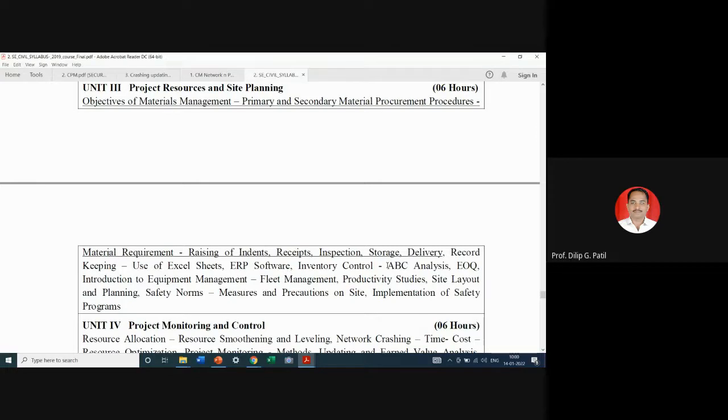Materials having large or huge cost but least number of items on the site are listed under A. Accordingly, medium under B, and materials in bulk quantity but having smaller values are categorized under C. So accordingly, we will get an idea of how we can pay attention towards the different kinds of materials required on the site.